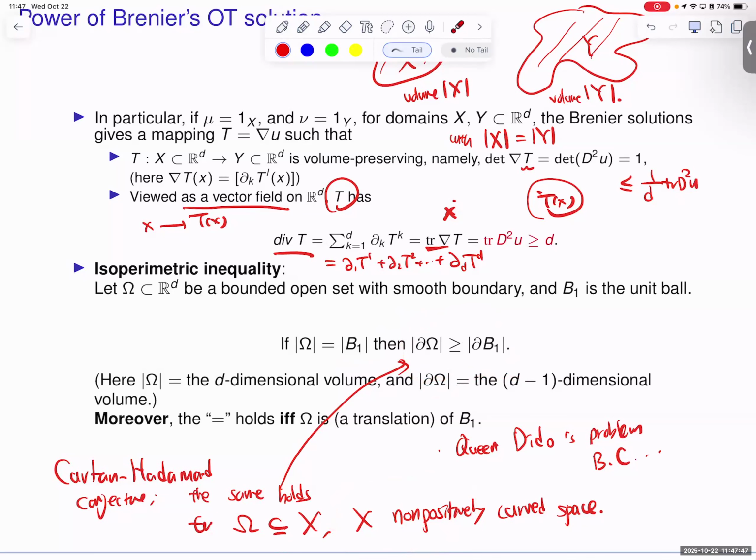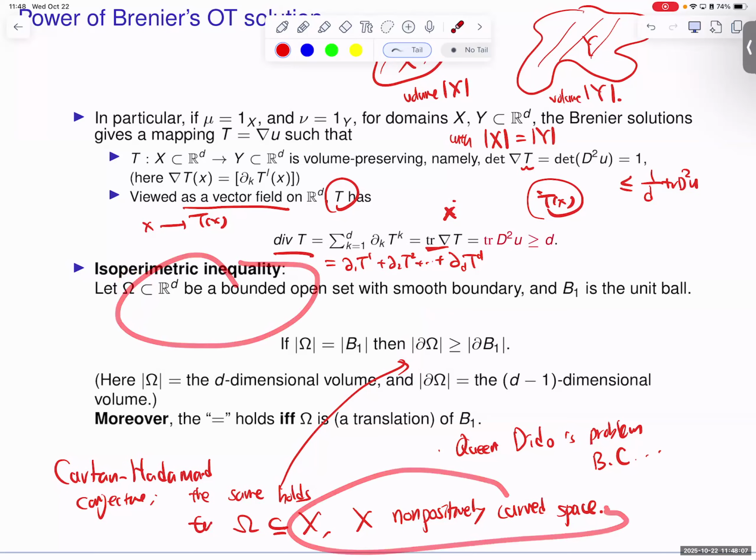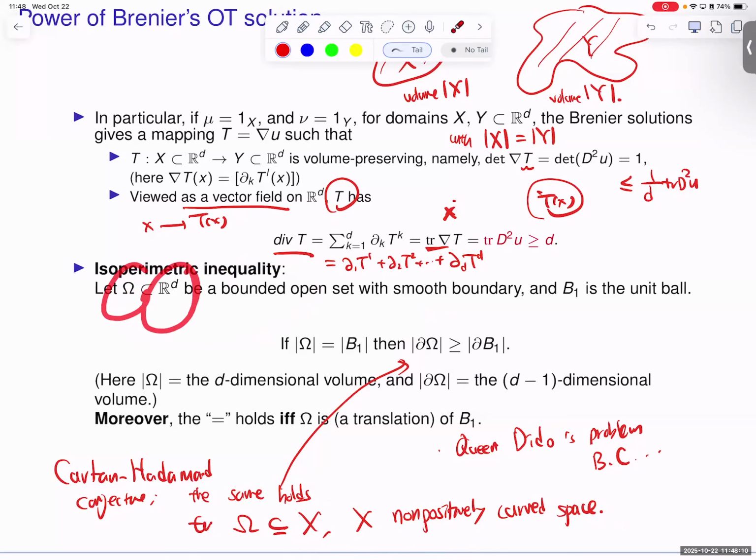Okay. Question? Yeah, volume is what volume is, right? You mean here or here? Yeah, in R^D you have just the D-dimensional volume, the Lebesgue measure. And of course, your question should be, then how do you define the surface area?